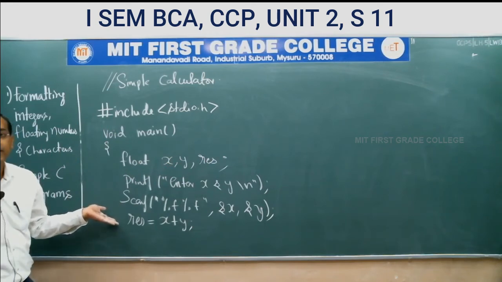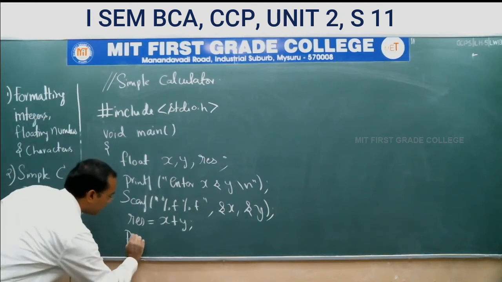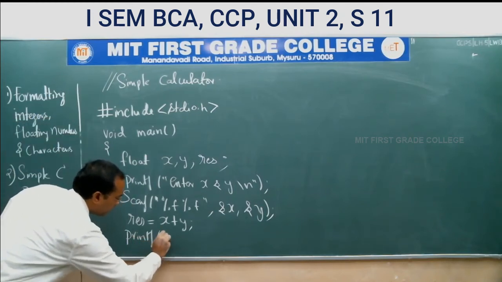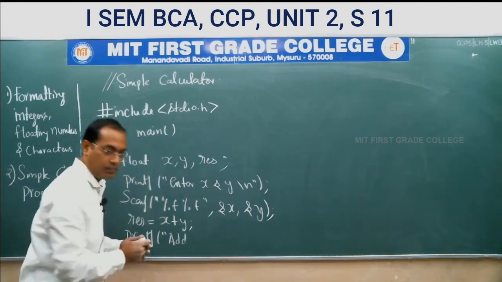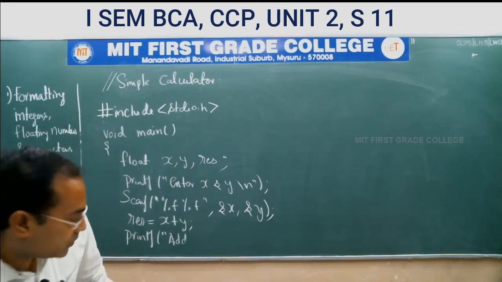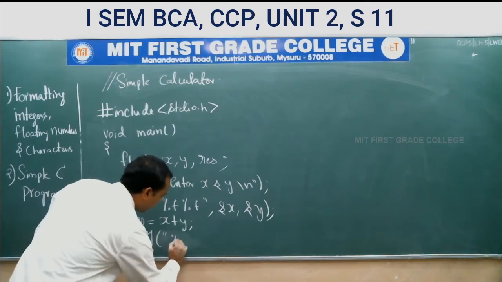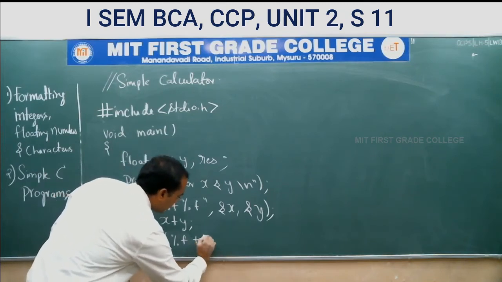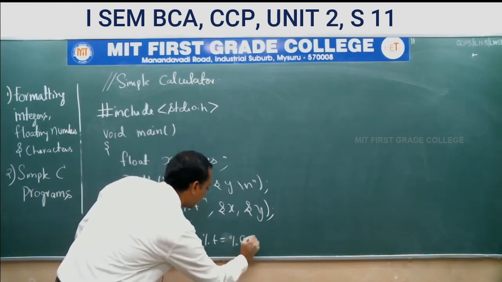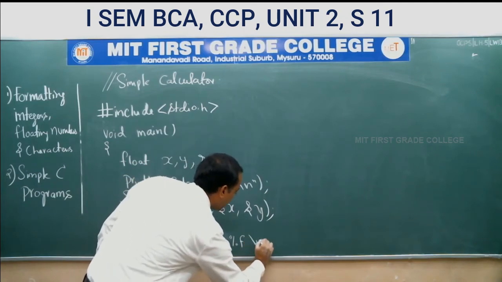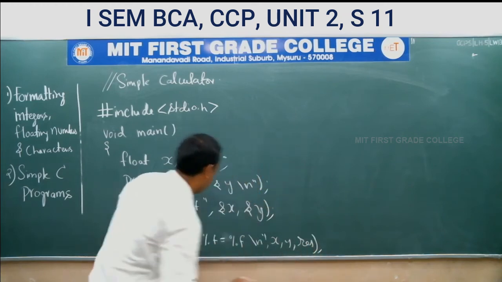In this example I have considered only the res variable, so therefore I need to display the result instantly, else it will be overwritten. So printf addition, or I will write it in this way, percentage f plus percentage f is equal to percentage f slash n, x, y and res.